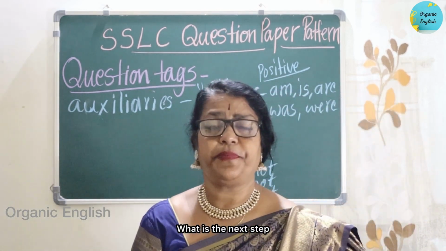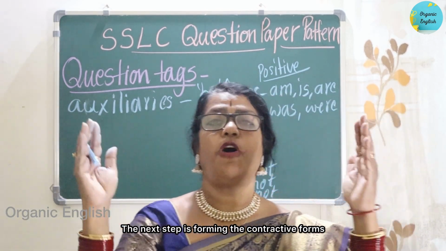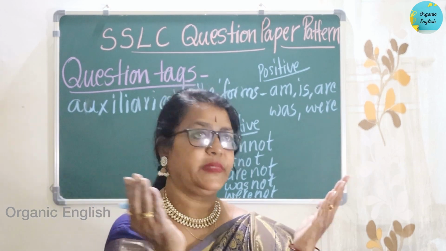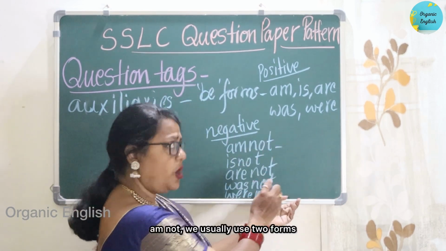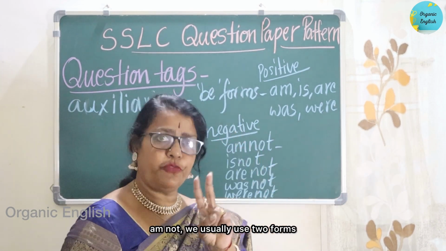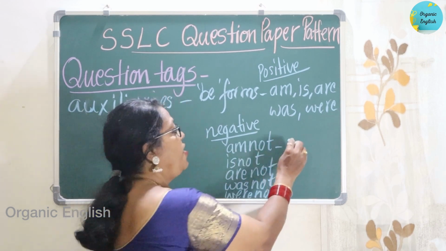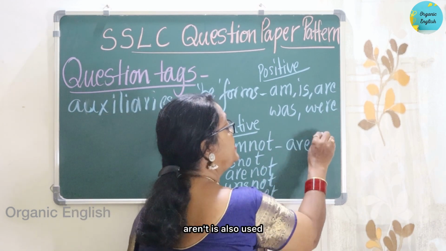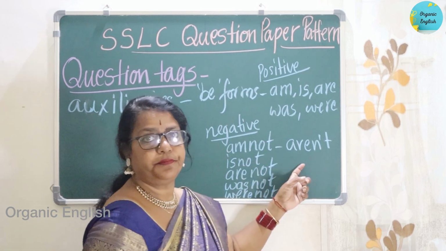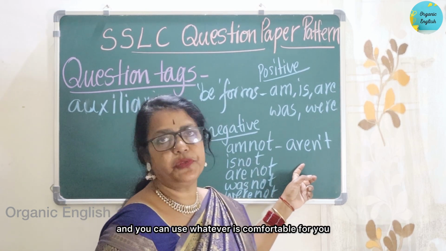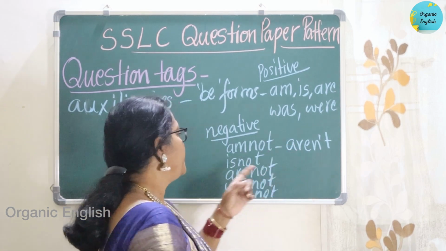What is the next step? The next step is forming the contractive forms. Like am not, we usually use two forms. One is ain't, or even aren't is also used. You can check and use whatever is comfortable for you.